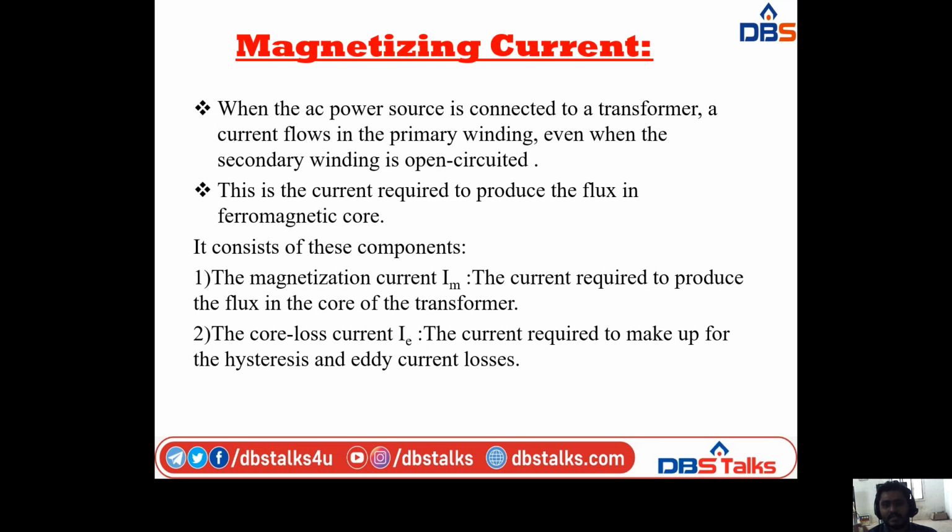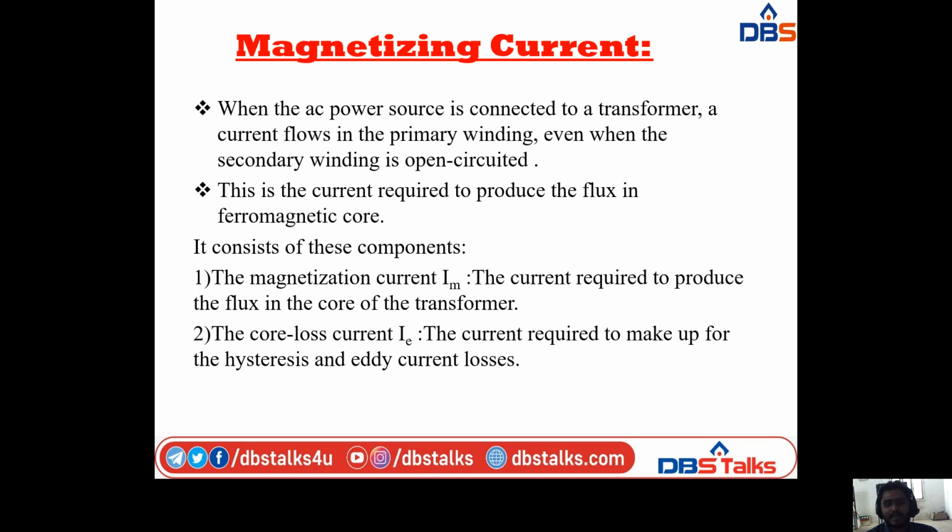This is the current required to produce the flux in the ferromagnetic core. It consists of these components. The first one is the magnetization component, IM, and the second one is the core loss component, IE.